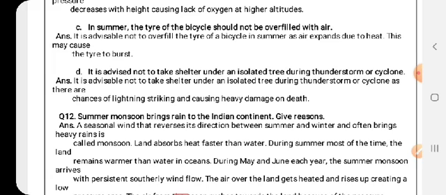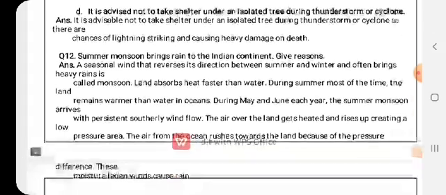Next is, it is not advised to take shelter under an isolated tree during a thunderstorm. Why should we not stand under shelter during thunderstorms? Because of lightning, and trees are more prone to lightning. The lightning may fall on the trees, so that is why we should not stand under the trees.